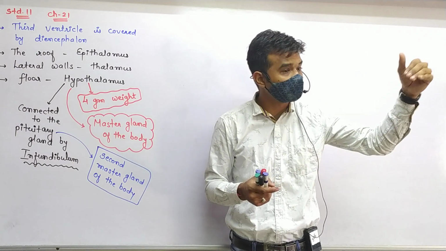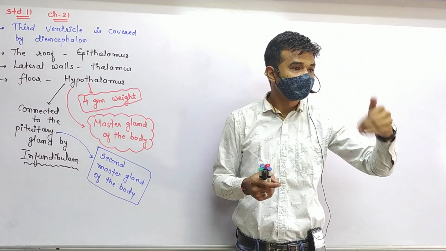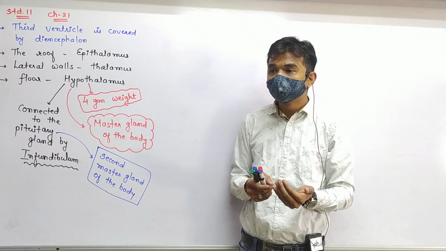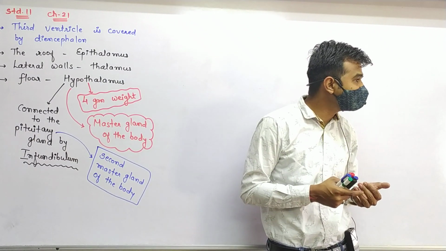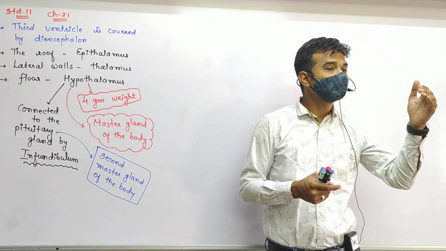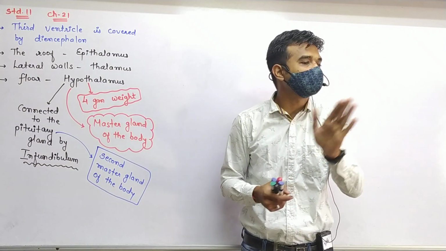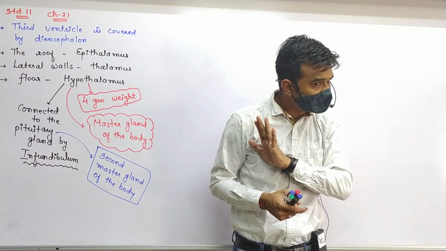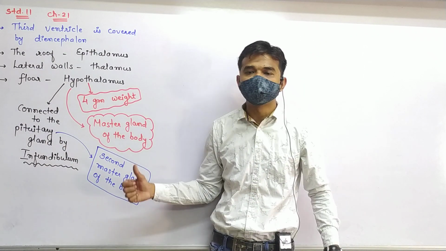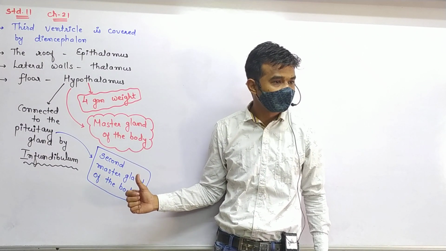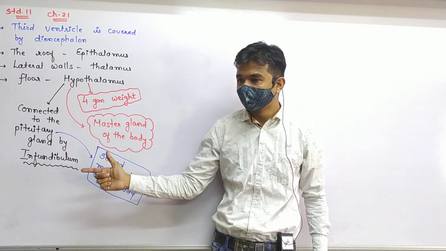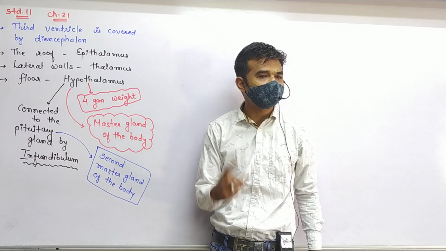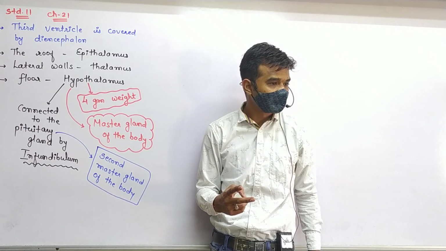Previously it was not like that, but later on you know that the pituitary gland is totally controlled by the hypothalamus. So the hypothalamus is the master gland of the body, which controls the pituitary gland. So the pituitary gland is the second master gland of the body.